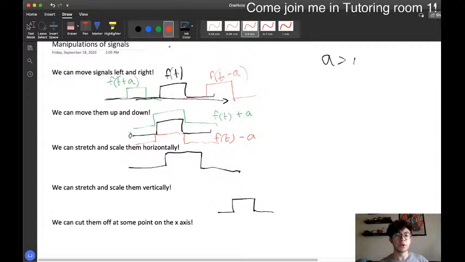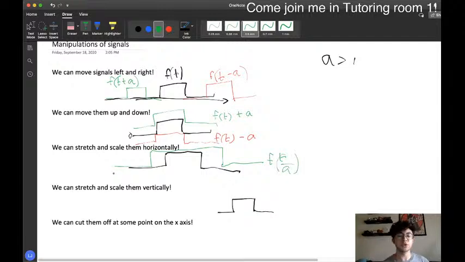We can also stretch and scale them. So if we have our same f, then a scaling where we stretch it out, so we make it longer, basically, will be written as f of t divided by a.